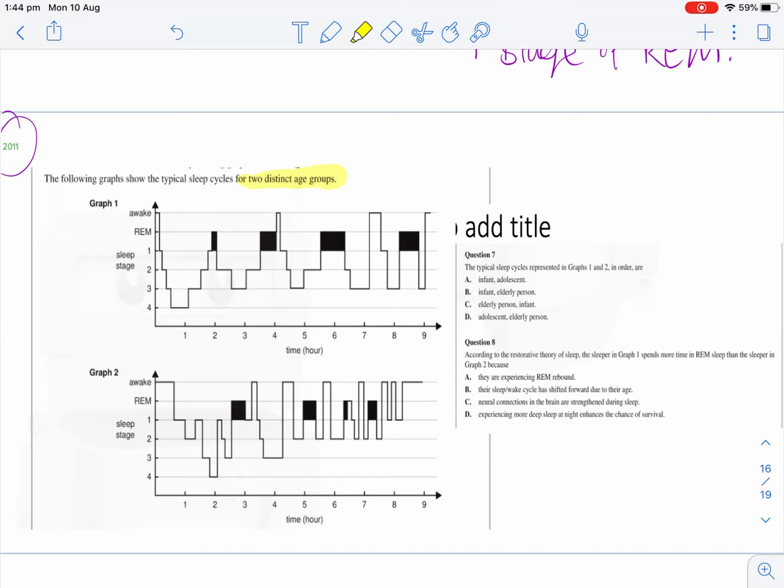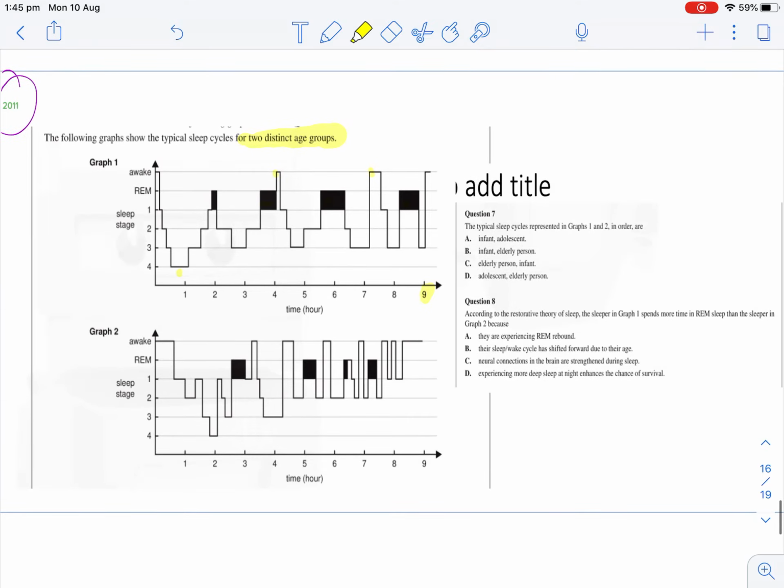Okay, 2 age groups here, and then there's 2 questions relating to them. So let's have a look at a couple of features to try and figure it out. 9 hours sleep, so we're going to say potentially an adolescent or an adult, deep sleep at the start, REM increasing, couple of brief awakenings.